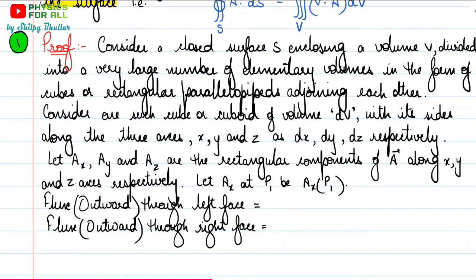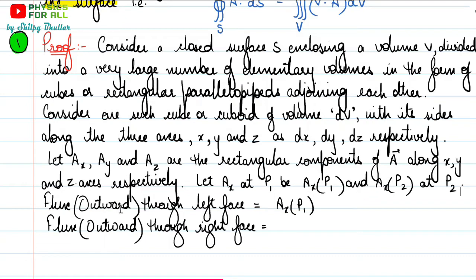So if the value of the x component, which is ax at P1, is ax P1, and let its value be ax P2 at P2. So at P1 its value is ax P1, and at P2 its value is ax P2.